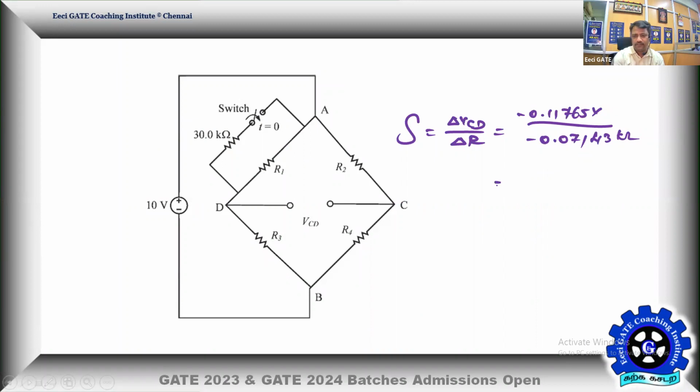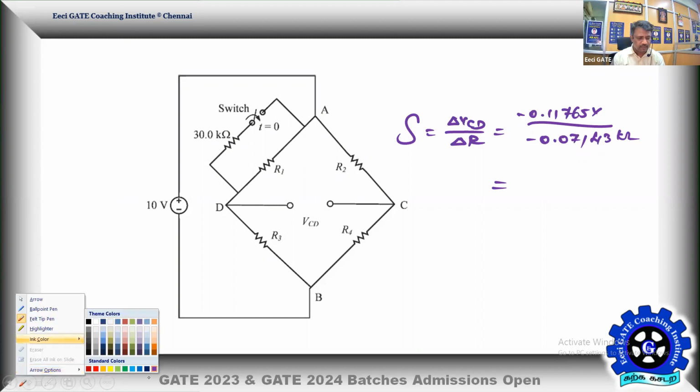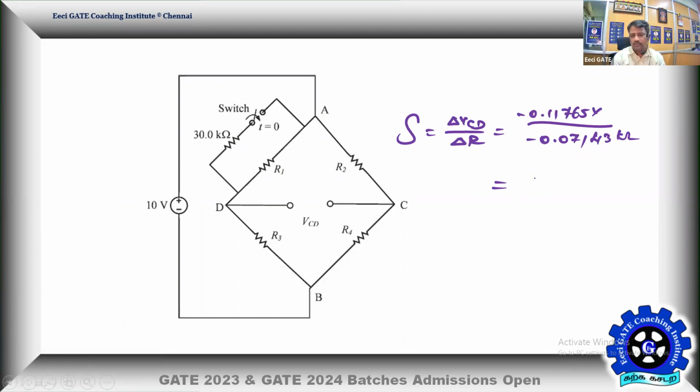So therefore the net answer will be positive. So sensitivity is positive. Resistance decreases, voltage decreases. If resistance increases, voltage increases. Yes, that's correct. So it's positive.